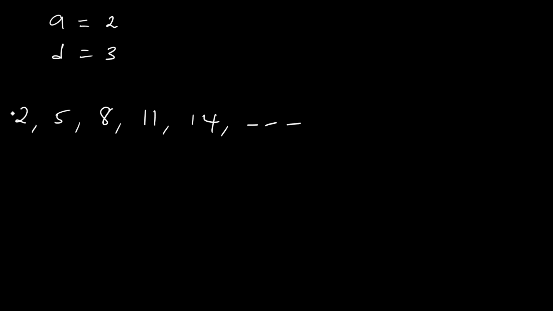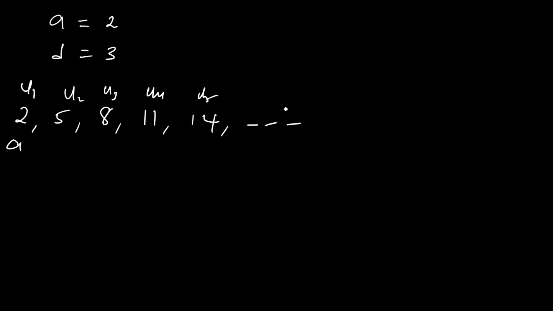We are saying that this one is called U1, that is the first term. So we have A here, U2 the second term, U3 the third term, U4 the fourth term, U5, in that order.